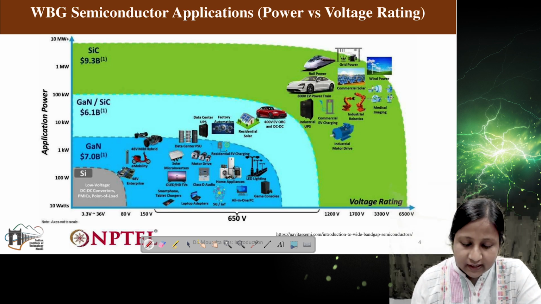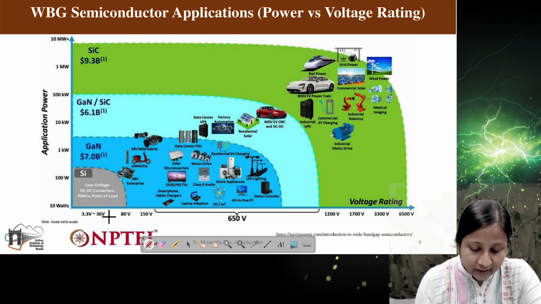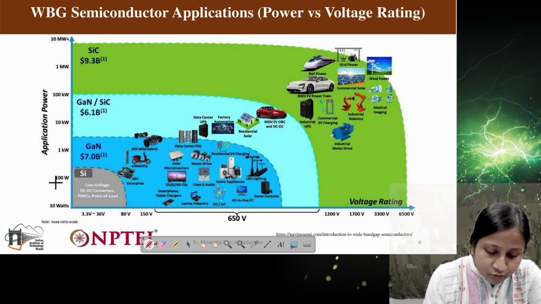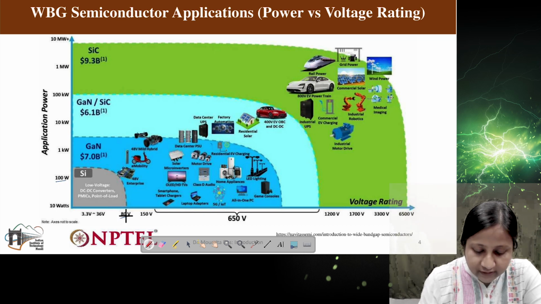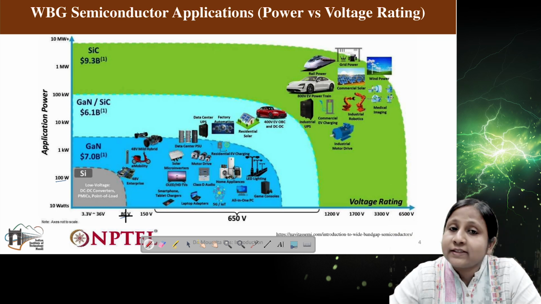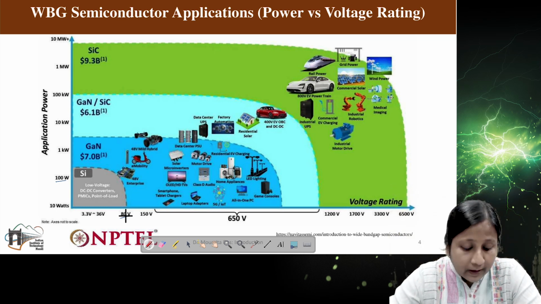You can see here that silicon is kept at the beginning level. In terms of power level and voltage level, it is shown that silicon will be limited to comparatively low power and low voltage levels.